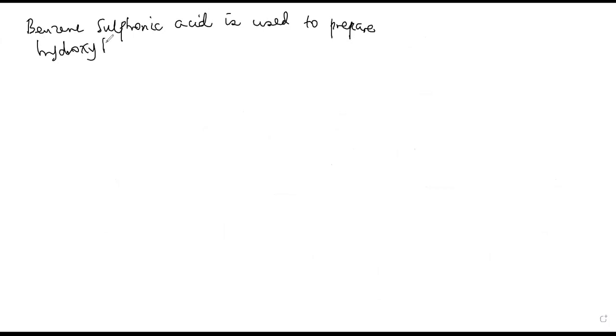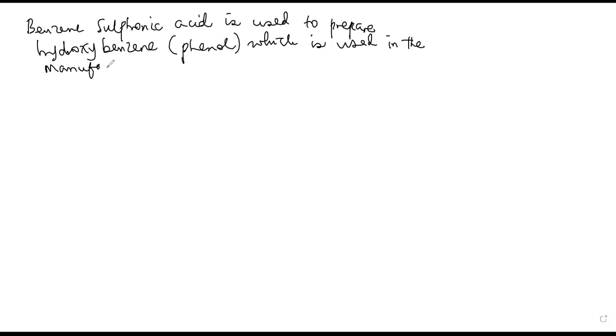So we need to know that benzene sulfonic acid is basically used to prepare hydroxybenzene, commonly known as phenol, which is used in the manufacture of nylon, plastics, and others.